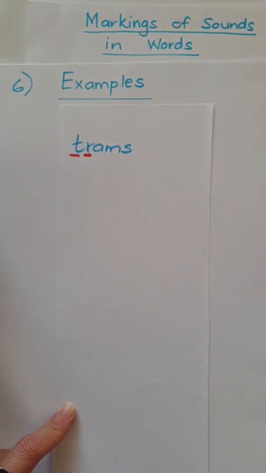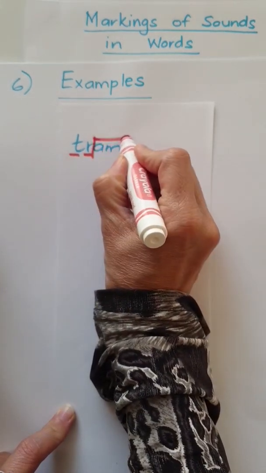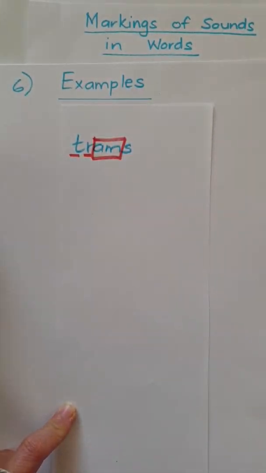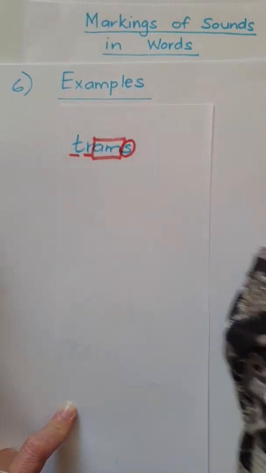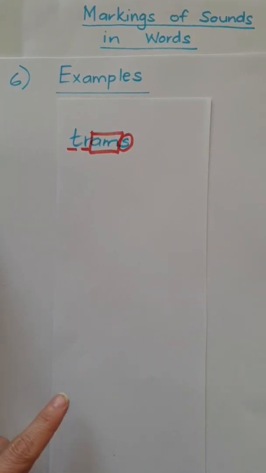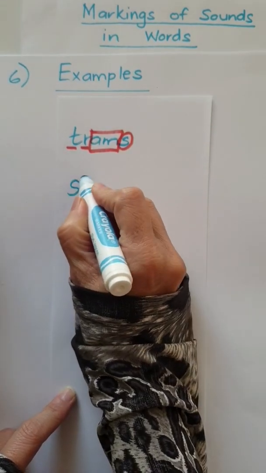But I also know that the am sound is a glued or welded sound, and I'm going to box that. And it also has a suffix s because the base word is tram, so I circle my suffix s.